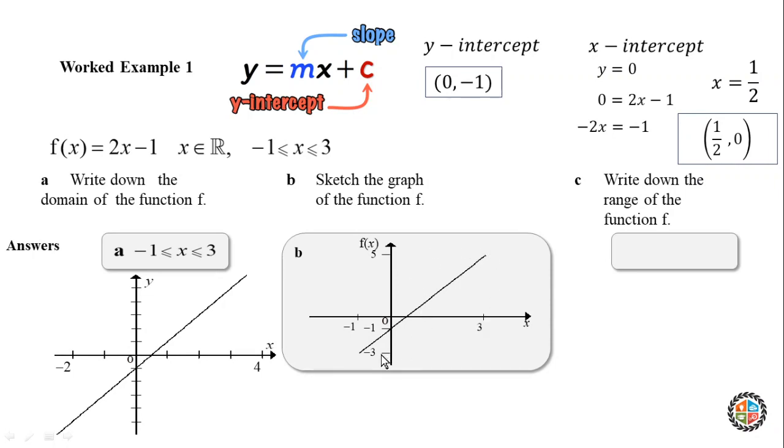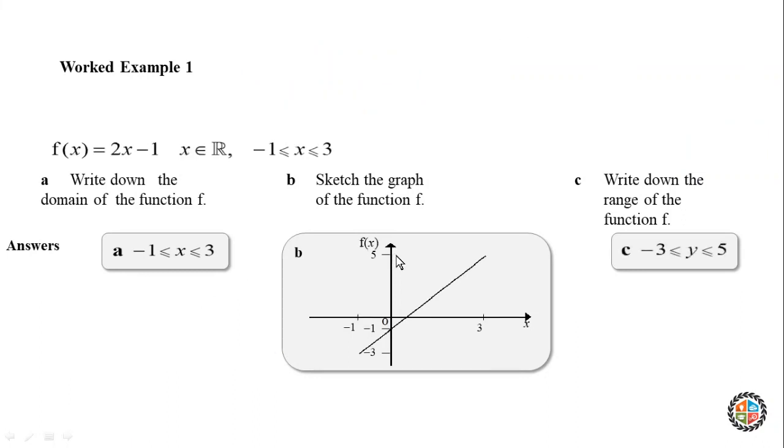Thus, you will notice that it comes from -3 to +5. I repeat, the range, or the value of y, will come from -3 to +5. Thus, our answer is y is greater than or equal to -3 but less than or equal to 5.